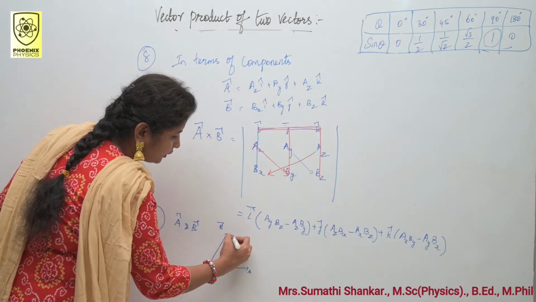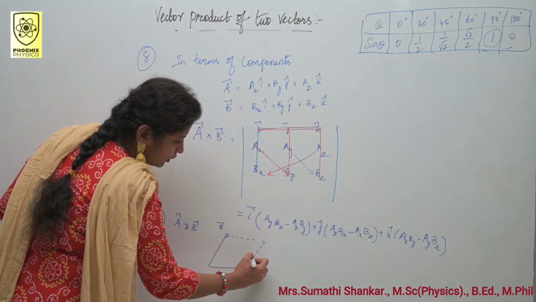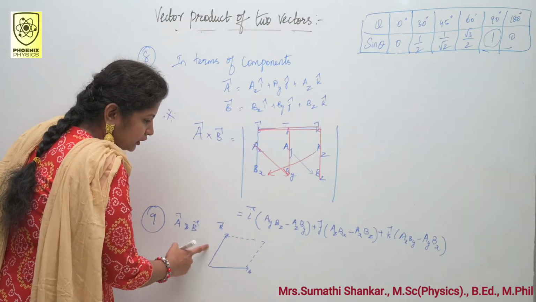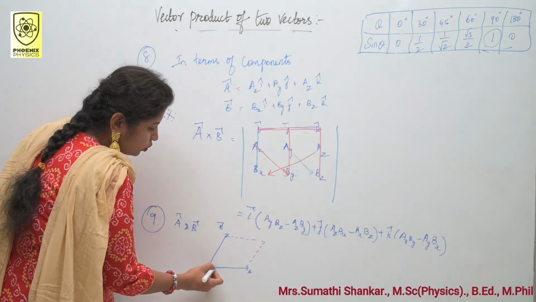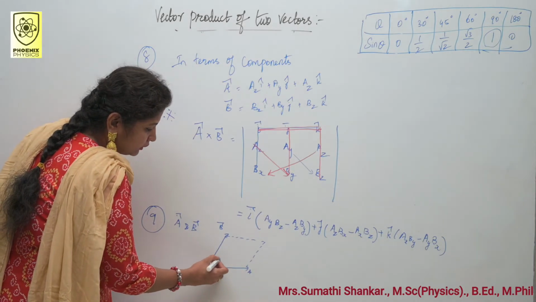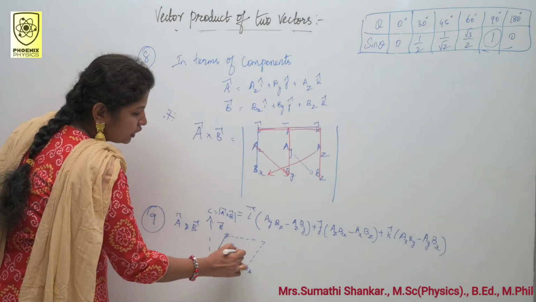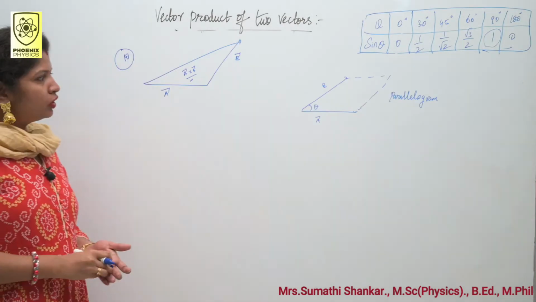Parallelogram means complete the diagram. Draw one line parallel to the A vector, draw one line parallel to the B vector. Here I connected the tail ends of the two vectors A and B, so it makes an angle theta. The magnitude of A cross B will give the area of the parallelogram.